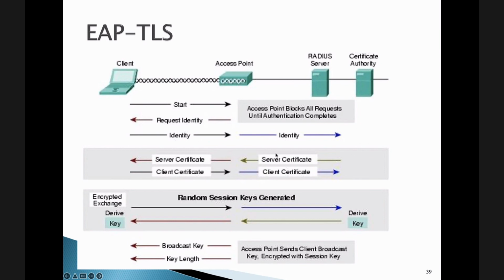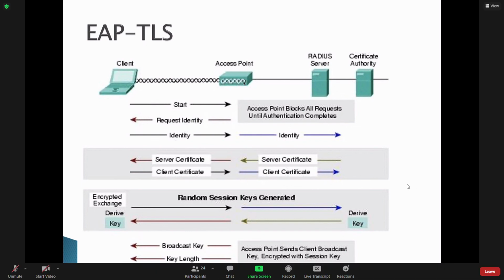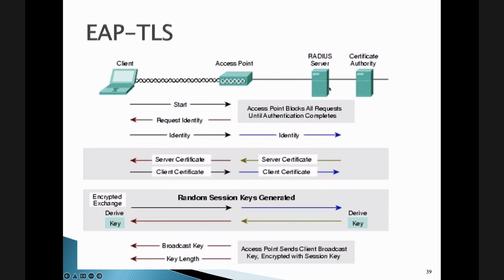Basically, the server tells the client that yes, you can trust me, because sometimes an attacker may set up a server to gather information and do all the bad things to laptops trying to connect to an access point. The client also sends a certificate back to the server saying that yes, you can trust me as well, I've been certified. So this is the very high-level idea of the authentication process.